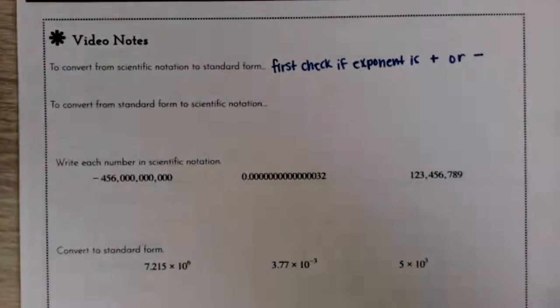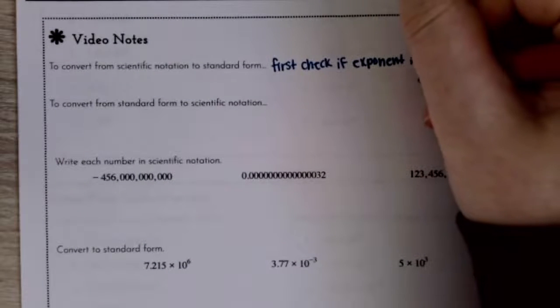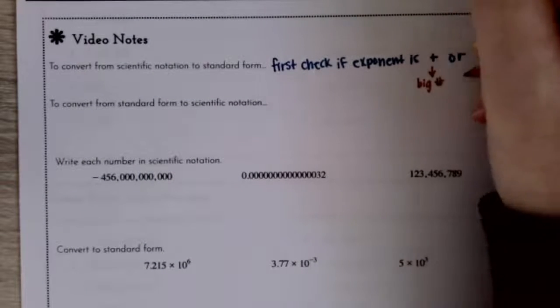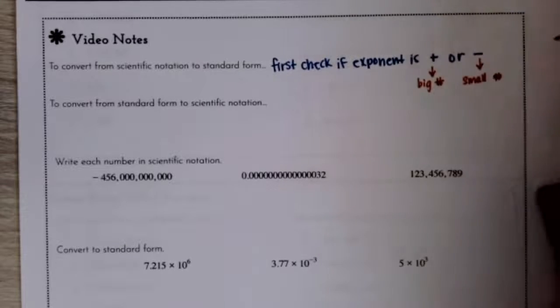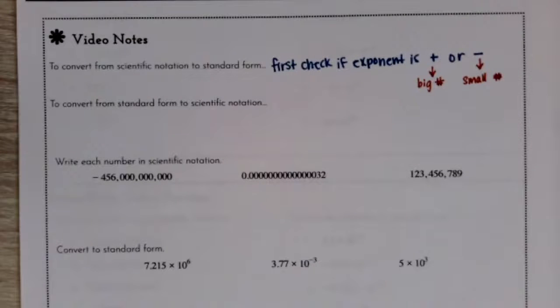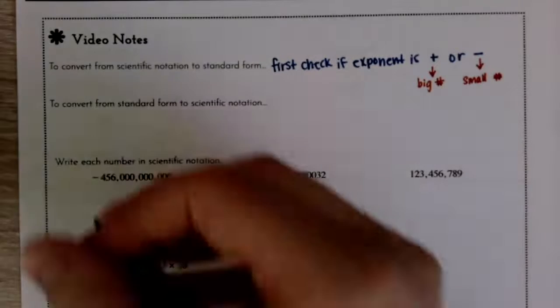If it is positive, it's going to be a big number, and negative is going to be a small number. By small number, I really just mean decimal. It's easy to remember that positive means big and negative means small. So you first check to see if your exponent is positive or negative.